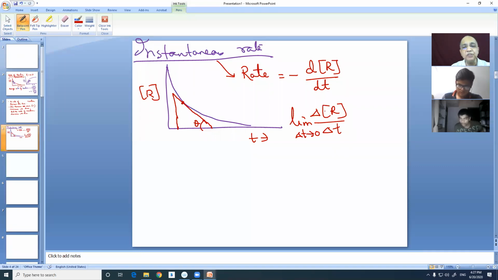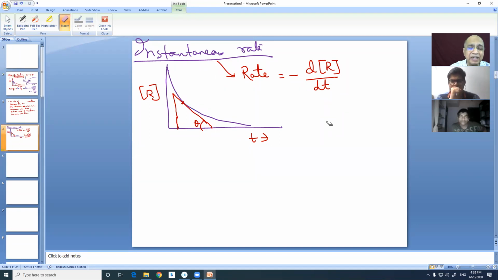So that is nothing but the differential coefficient of reactant concentration with respect to time. That is again nothing but the slope of the tangent drawn at that particular point where you want to measure the instantaneous rate. So this thing you need not write at all. This concept of instantaneous is already known to you. So instantaneous rate at any particular instant at this particular time, not a time interval, that you first find out experimentally the reactant versus time graph.